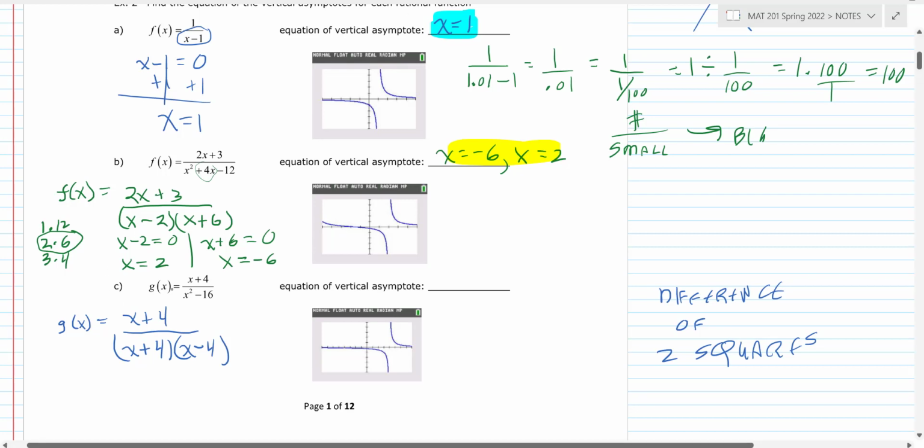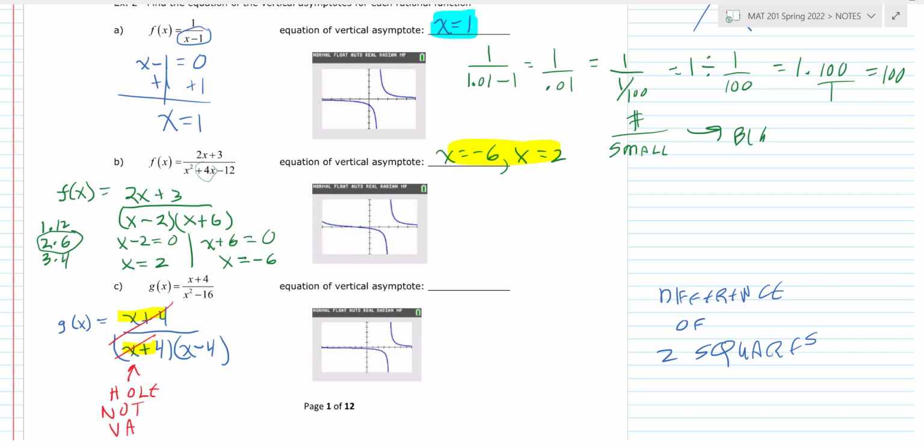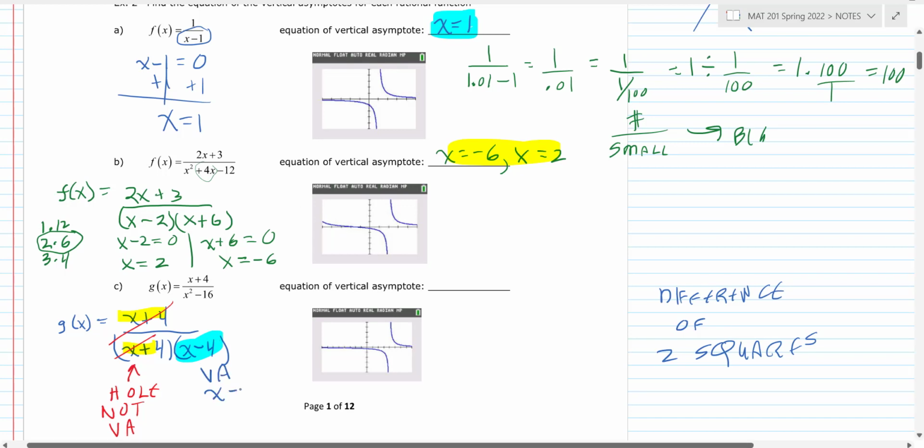So what happens is you get this. This thing right here goes away. That's really 1 right there. So this is what we call a hole. It's not a vertical asymptote because it's gone away. The vertical asymptote is going to be the factor that's left over. So your vertical asymptote, you solve this equation, so you get x equals 4.